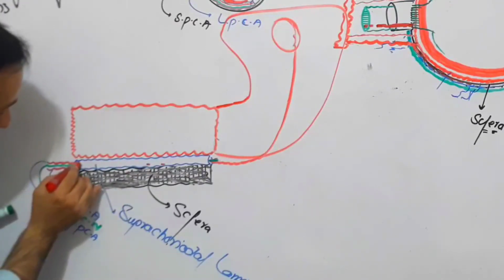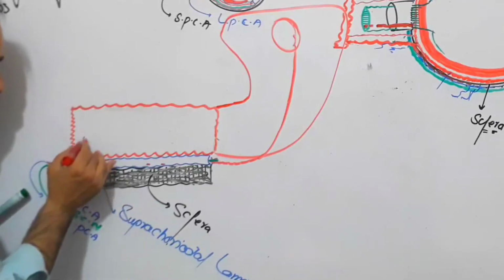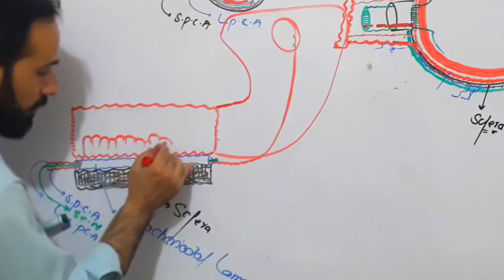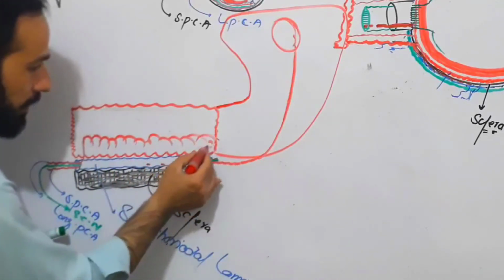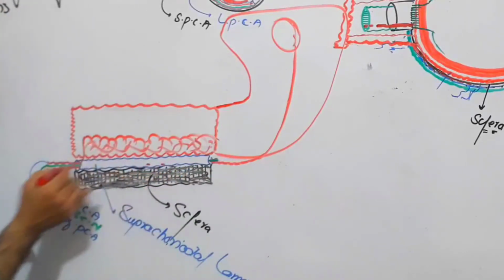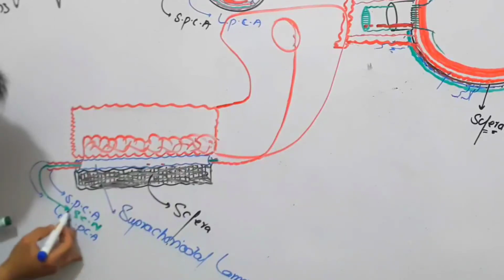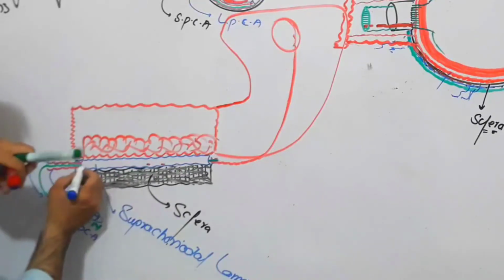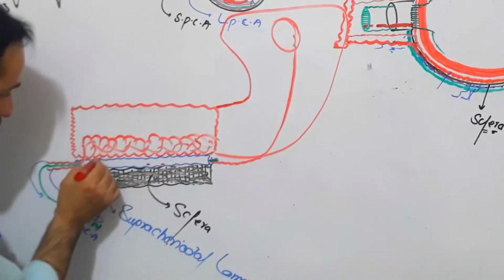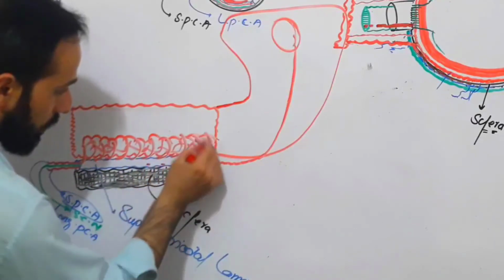The short ciliary artery enters and this short ciliary artery will give branches towards the actual choroidal layer. So all these are the small branches which are given by the short ciliary arteries, right? The short posterior ciliary artery gives small branches towards the choroidal layer, like this.